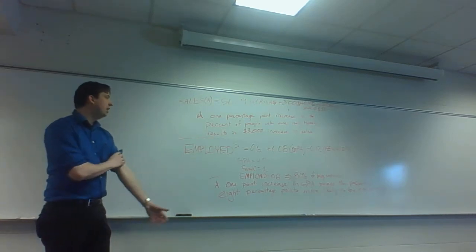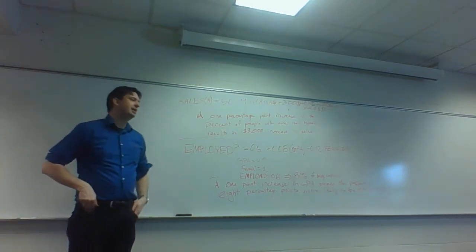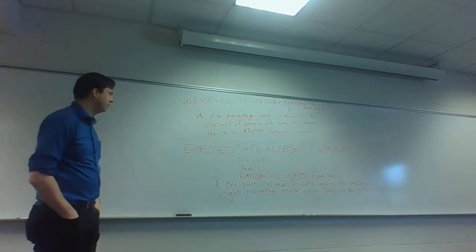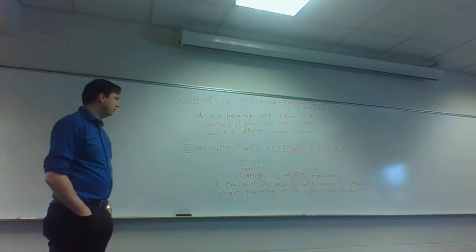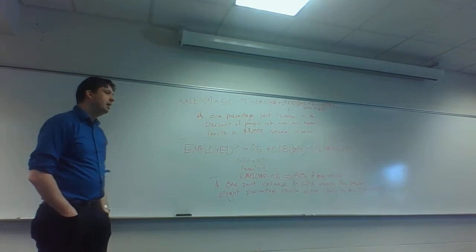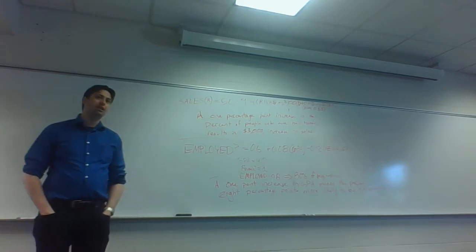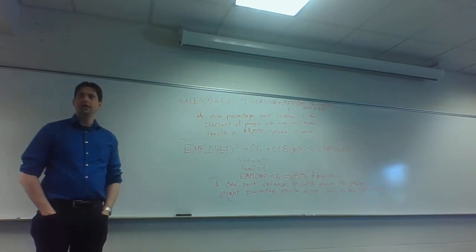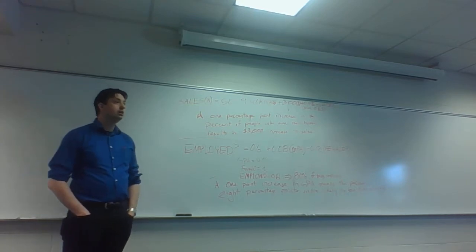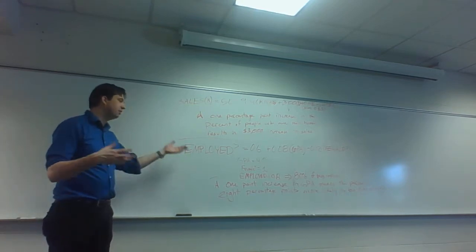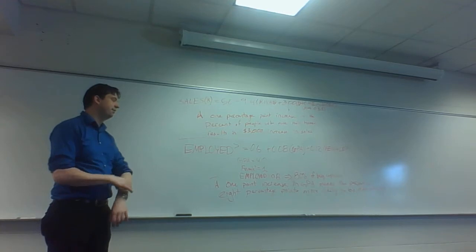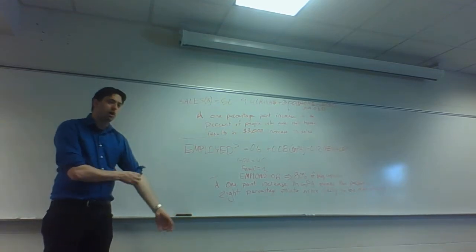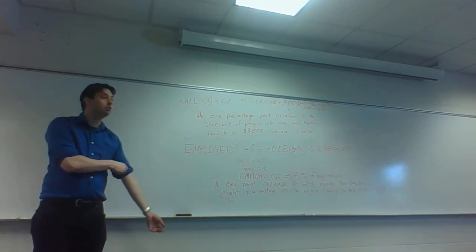I want to know how important GPA is to get employed. I ran the regression, and it turns out for every point in GPA, you are 8 percentage points more likely to be employed. Obviously it's statistically significant, otherwise it wouldn't matter, so I'll say it's statistically significant, but it also tells you how much it matters.